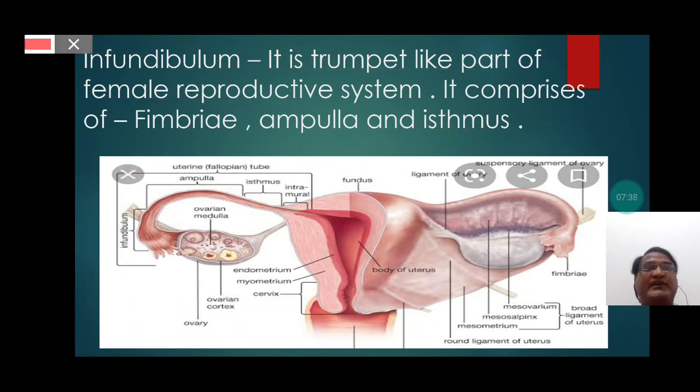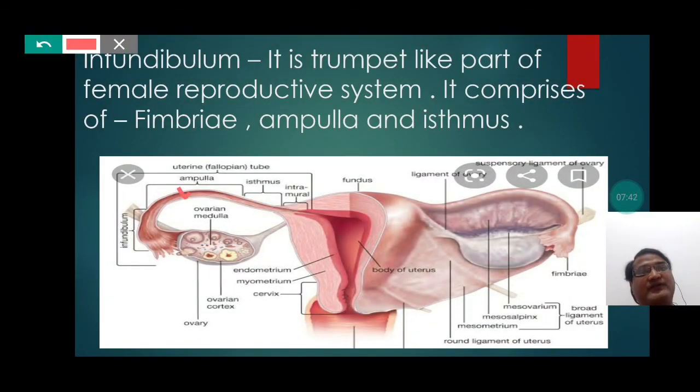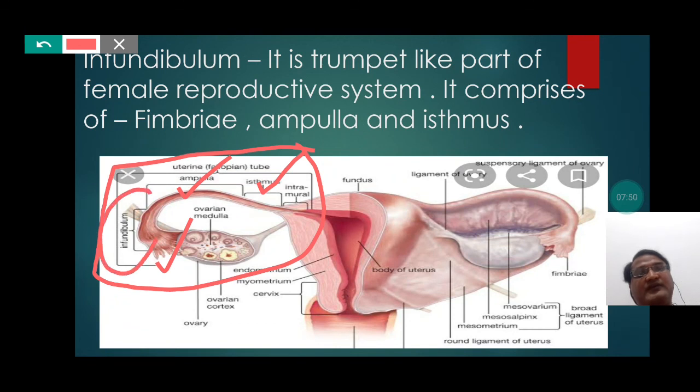So students, taken collectively, all these parts, the ampulla, the isthmus and the fimbriae, which you can see here students, all collected then form the infundibulum.